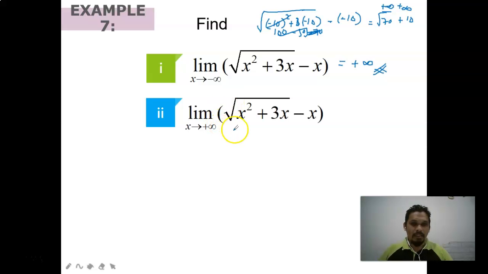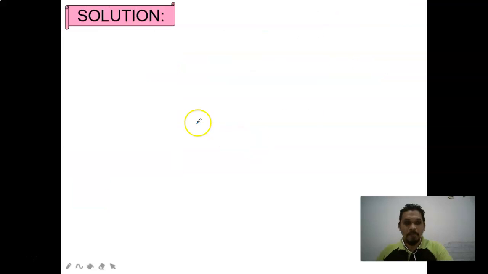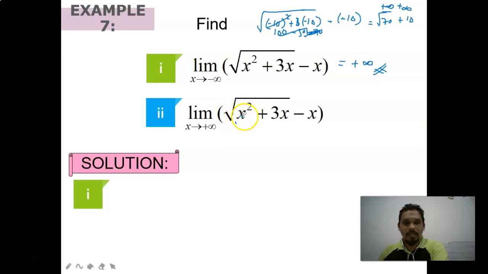Okay, then the second one here now. The square root of x squared plus 3x minus x.